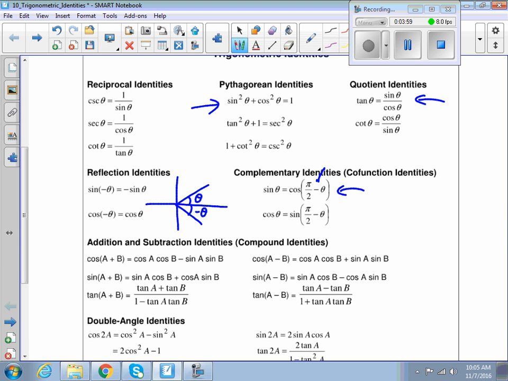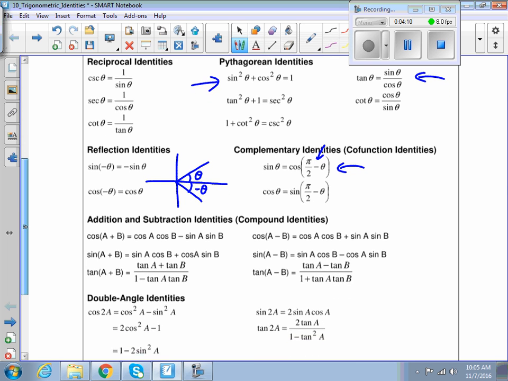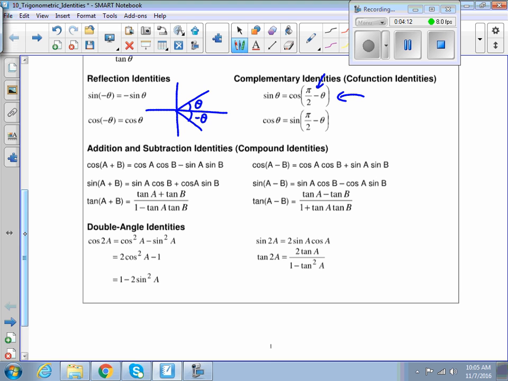When you do pi over 2 minus pi over 3, you will get pi over 6. So sine of pi over 3 is the same thing as cosine of pi over 6. Again, it makes sense, and we've already gone through it. Then we have our compound angle formulas, which again, you should have memorized. You should know them because you use them so much, but even if not, they're there.